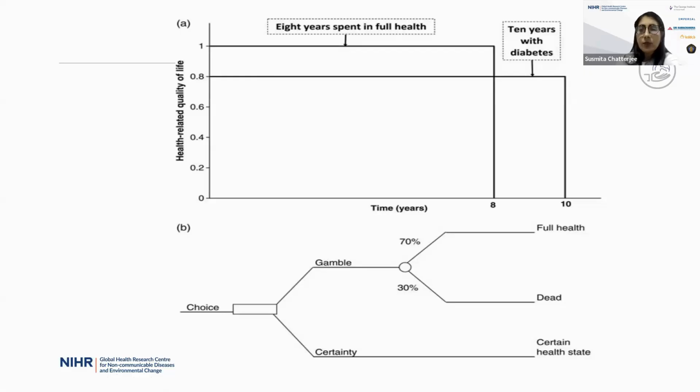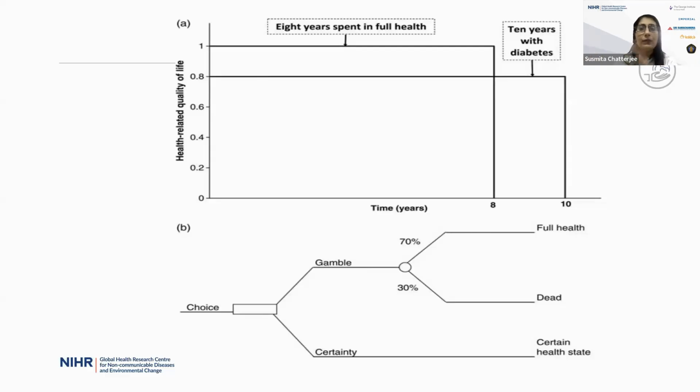Then we say 8 years with full health, 9 years with full health, 2 years with full health. We give them a lot of options. And we want to see where they say, no, I want to live, in this example, 8 years with full health versus 10 years with diabetes. That means I want to sacrifice 2 years of my healthy life if I have diabetes. So 10 years with diabetes is equivalent to this.